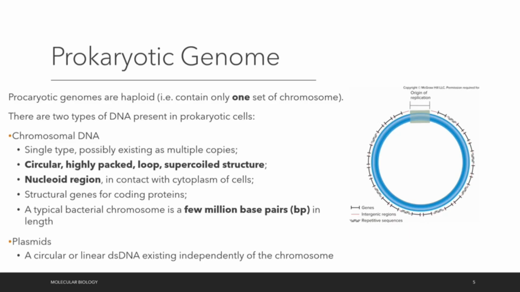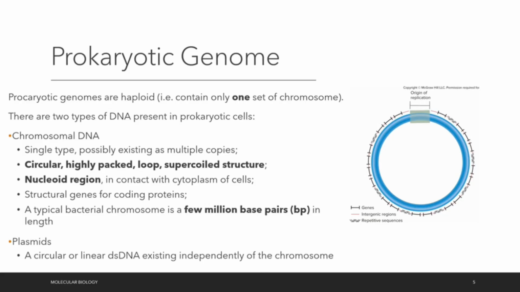Now the chromosomal DNA carries structural genes. In other words, it carries genes which are responsible for the structure and the majority of the functions the cells have to perform.